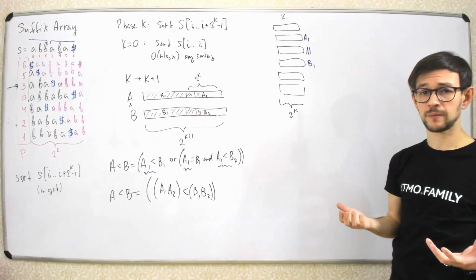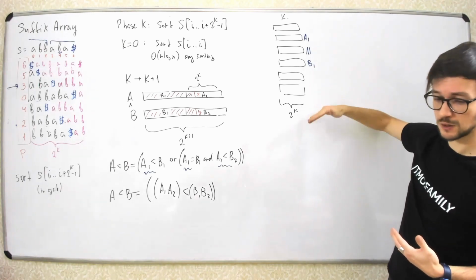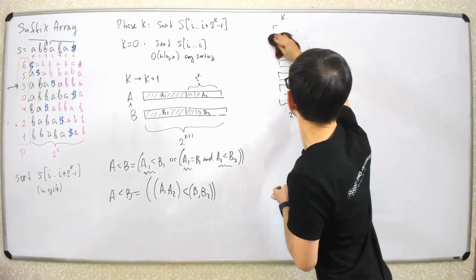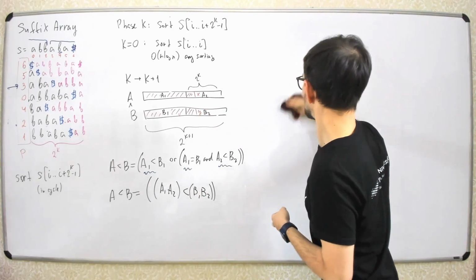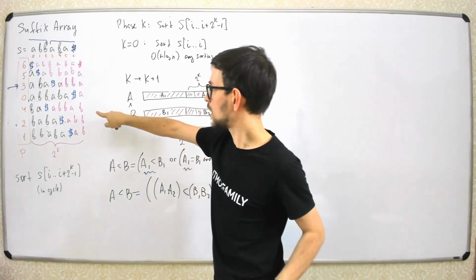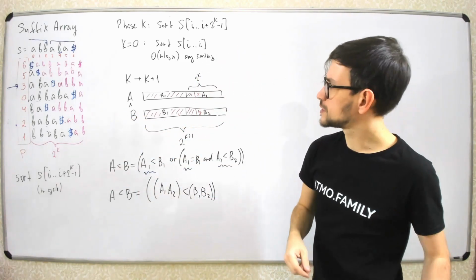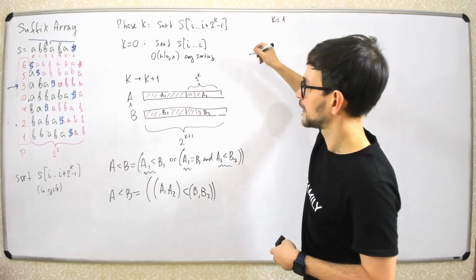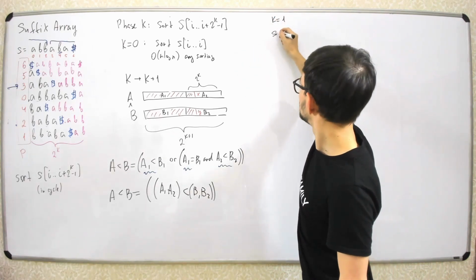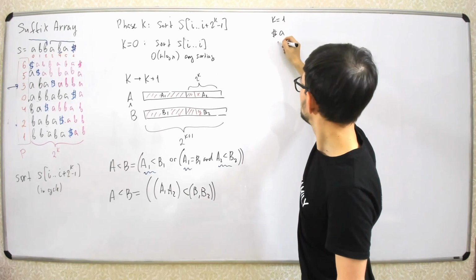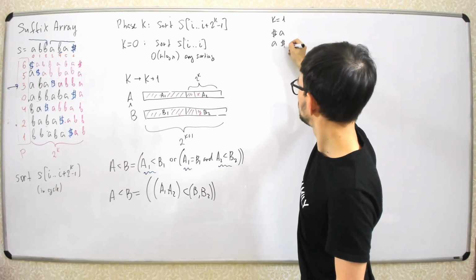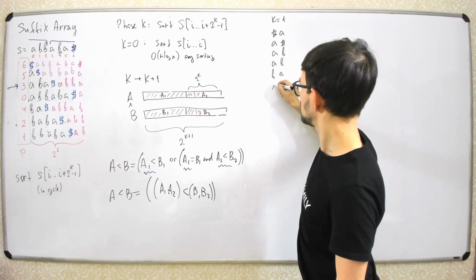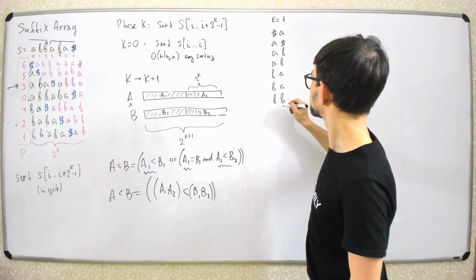So we have the following problem. Let's take this string again, and we already completed phase 1, and we know these strings. We have A, A dollar, AB, AB, BA, BA, and BB.